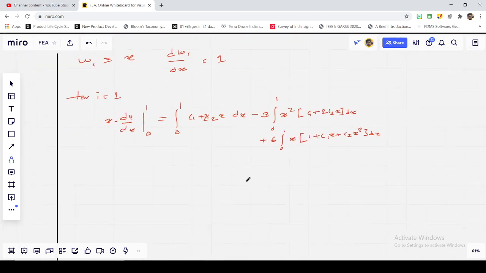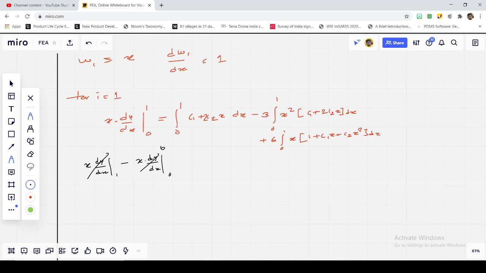Okay, so what happens to this term? If my x is 0, dy by dx is going to be 0. So x dy by dx at 1 minus x dy by dx at 0. So if x is 0, this is going to be 0 for sure. If x is 1, my dy by dx is given as 0.1. So this term becomes 0.1.